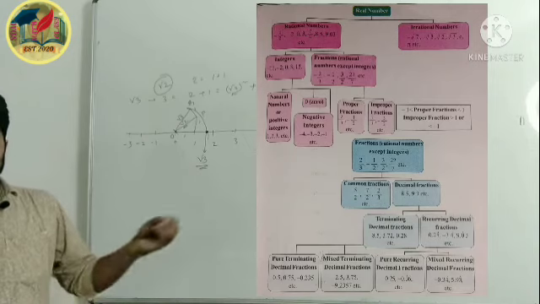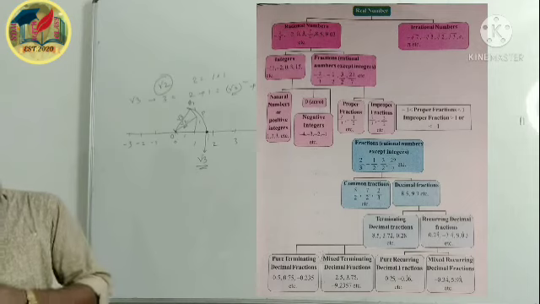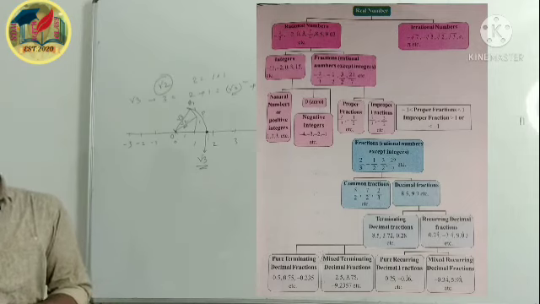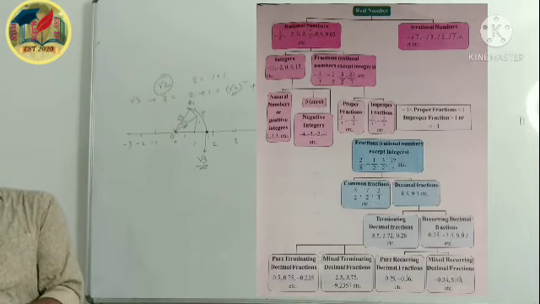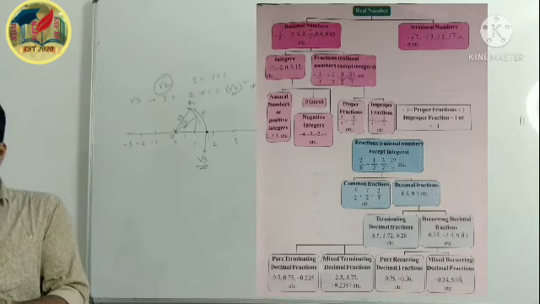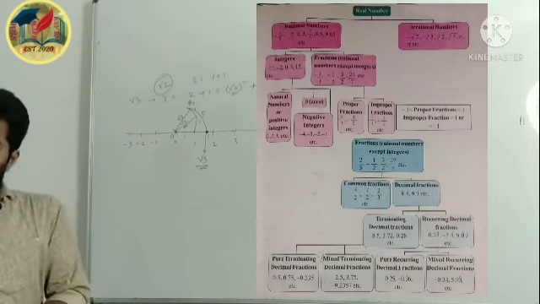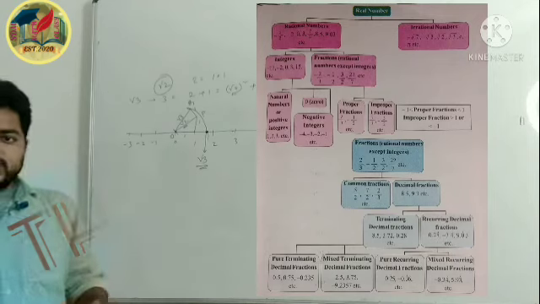Mixed terminating means one part is a whole number and the other part is a decimal fraction. And recurring decimals are also of two types, pure recurring and mixed recurring. Pure recurring means all the digits are recurring. Clear? This is the total number system.